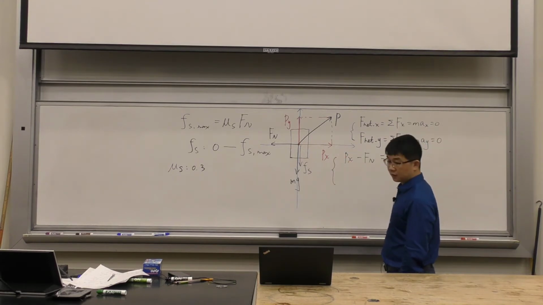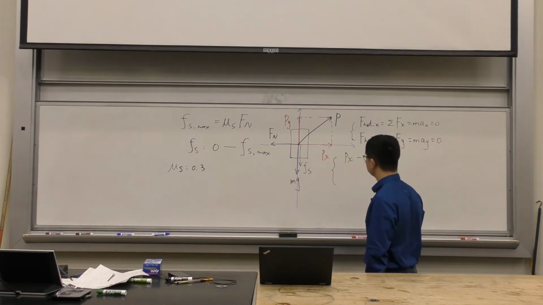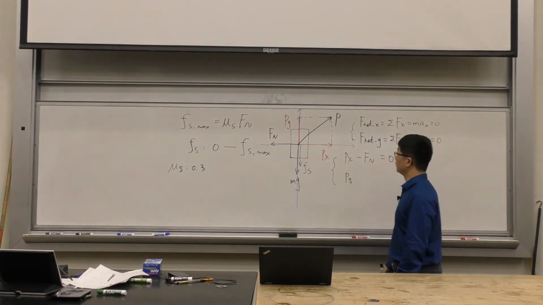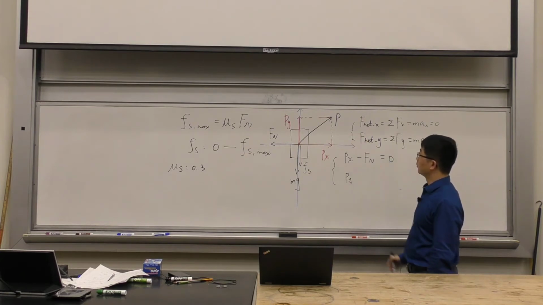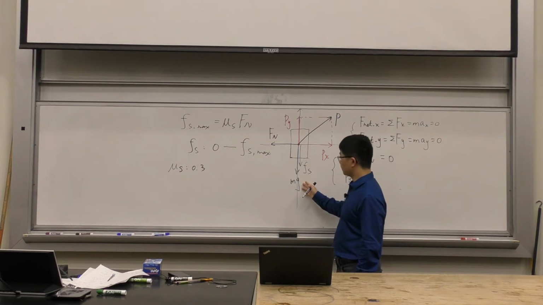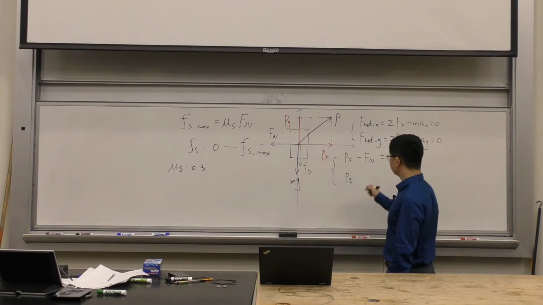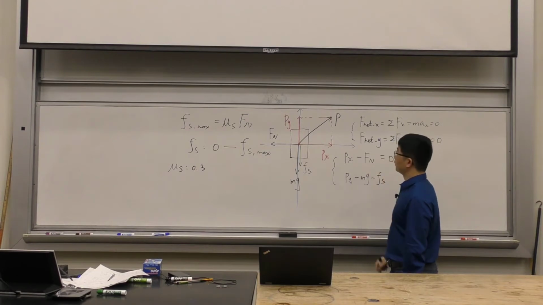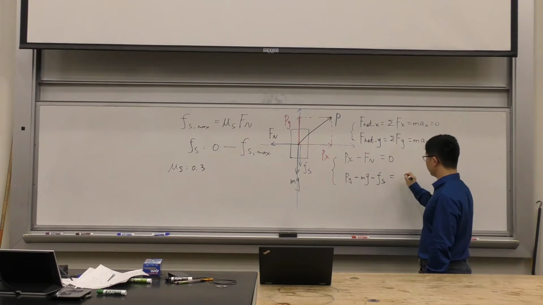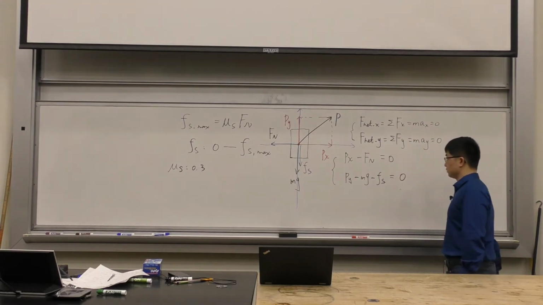Now the second equation, the y component. Py is the y component up, positive. Now I have the static friction and the gravity down, so they're going to be negative in this equation. And again, because I want to keep this block stationary, the net force is 0 because the acceleration is 0.